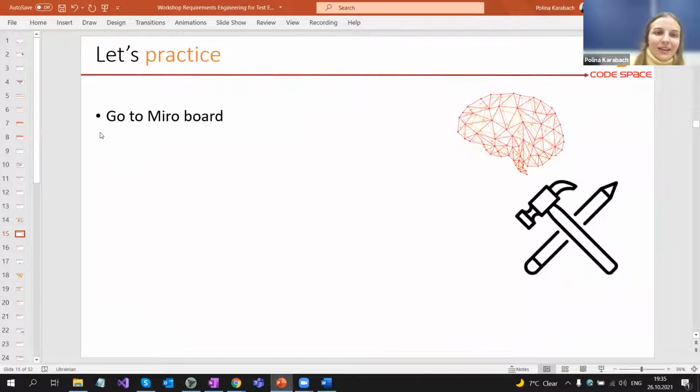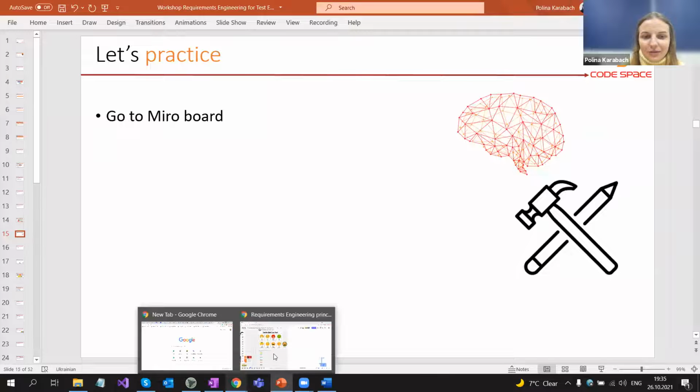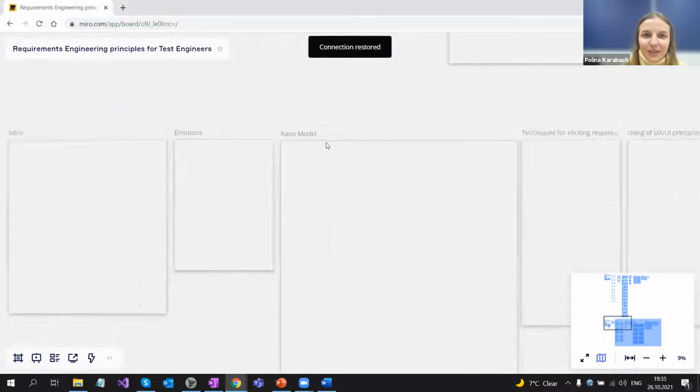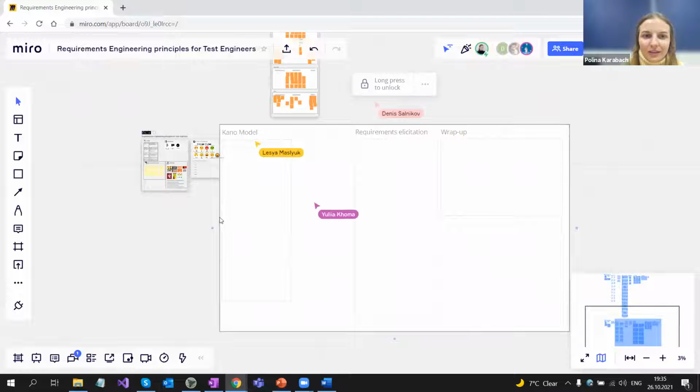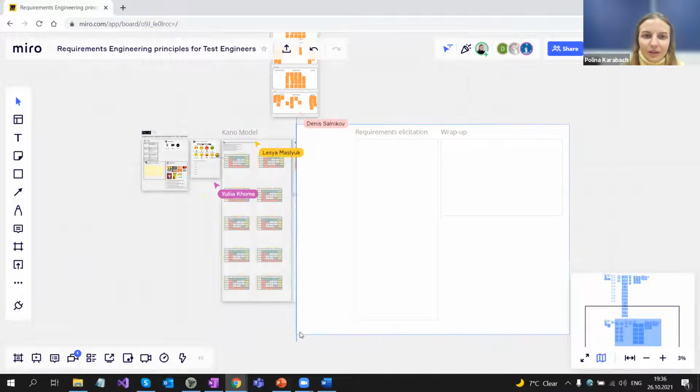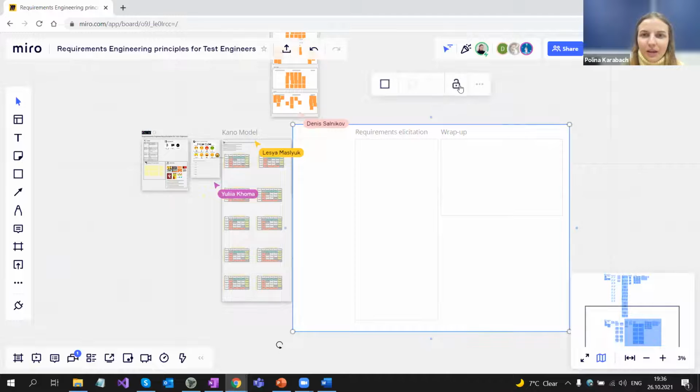All right, let's practice this categorization together. You can go back to the Miro board, and I would open up our next exercise right here.